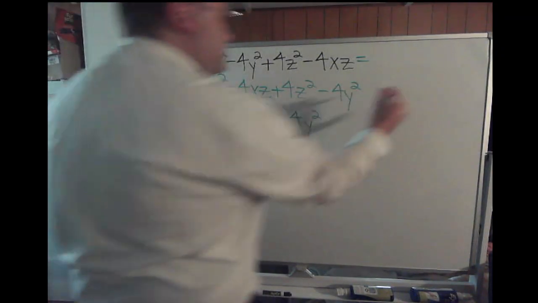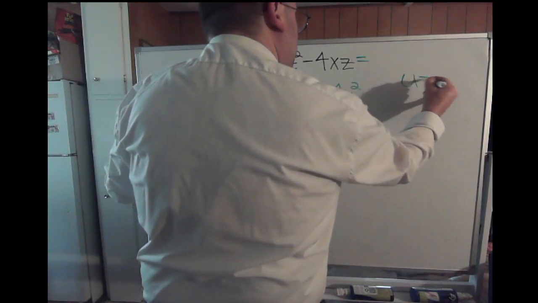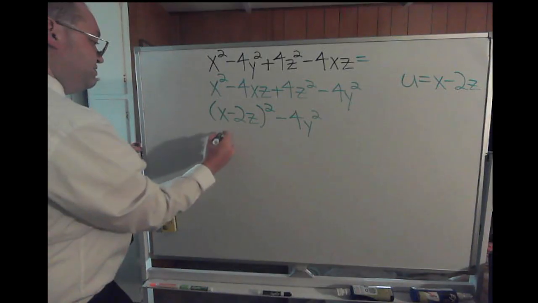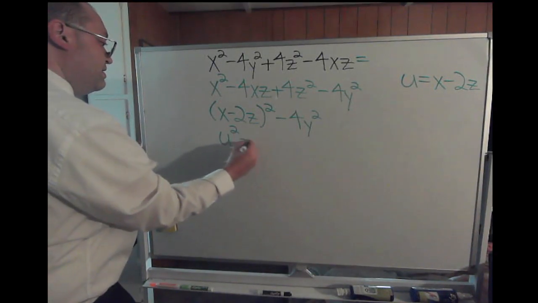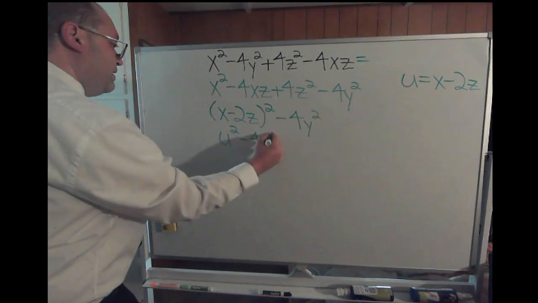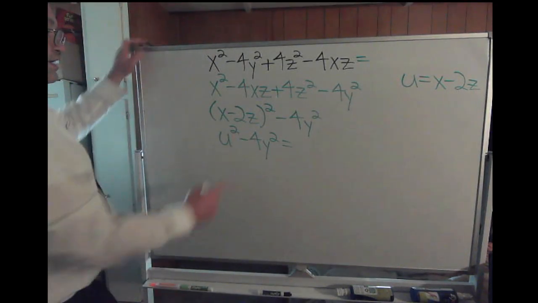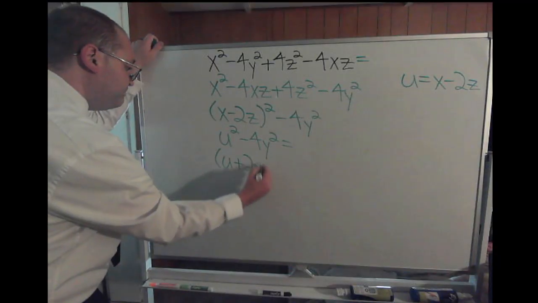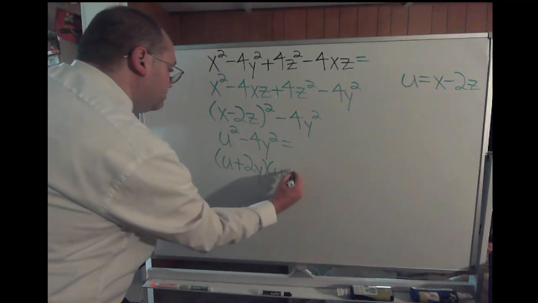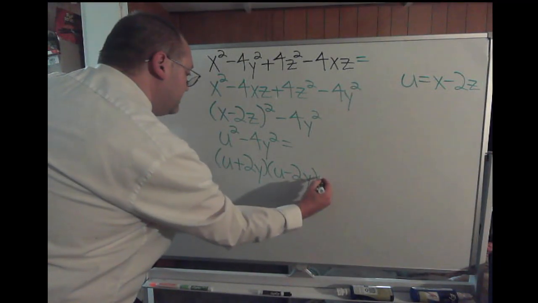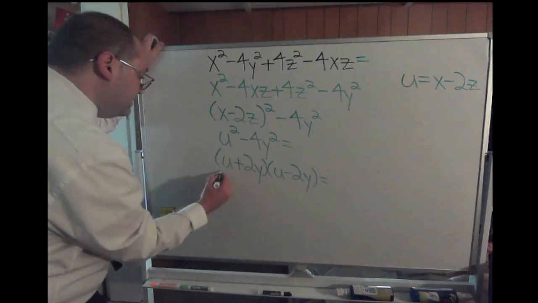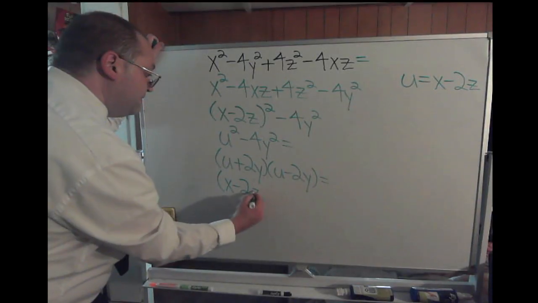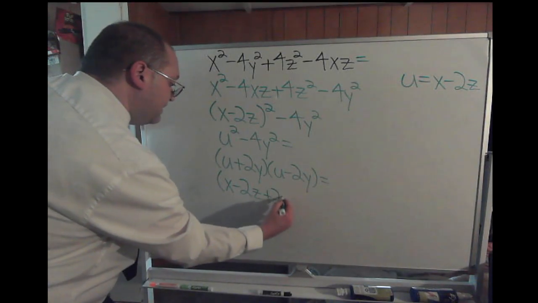Now, do a u substitution. Let's let u equal x minus 2z. U is x minus 2z, so you get u squared minus 4y squared. Okay? Factor this, you get u plus 2y times the quantity of u minus 2y. Now just put the value of u back in, so you would get x minus 2z plus 2y.